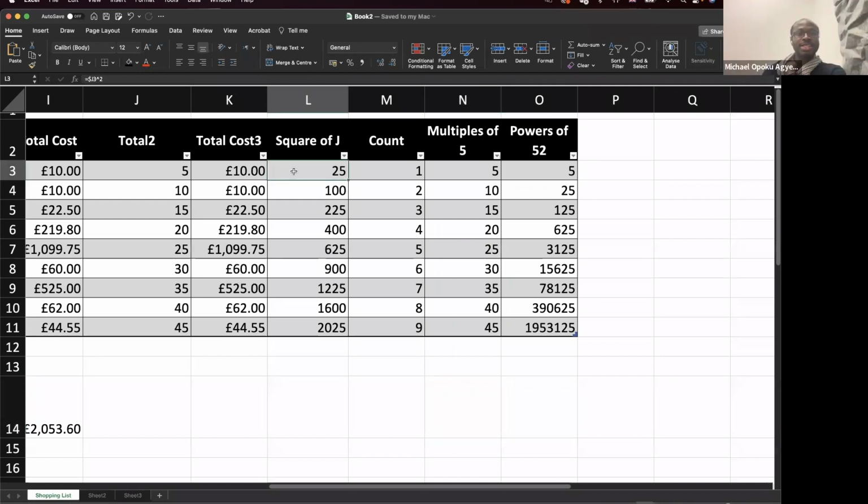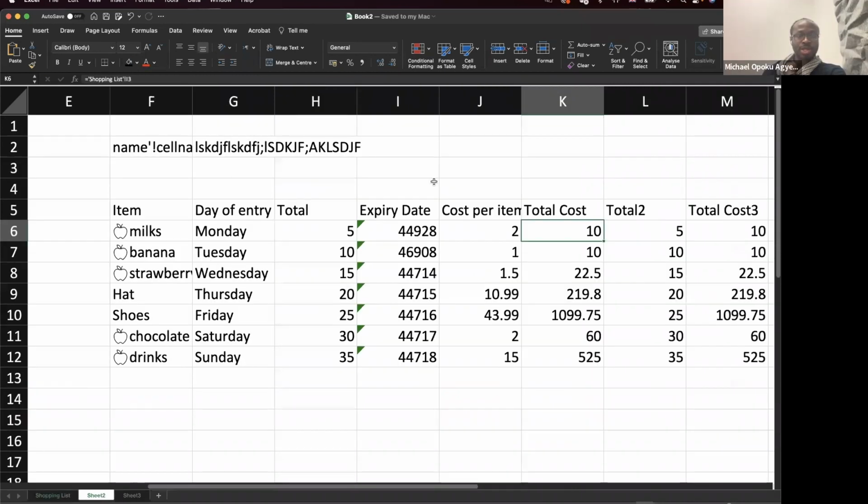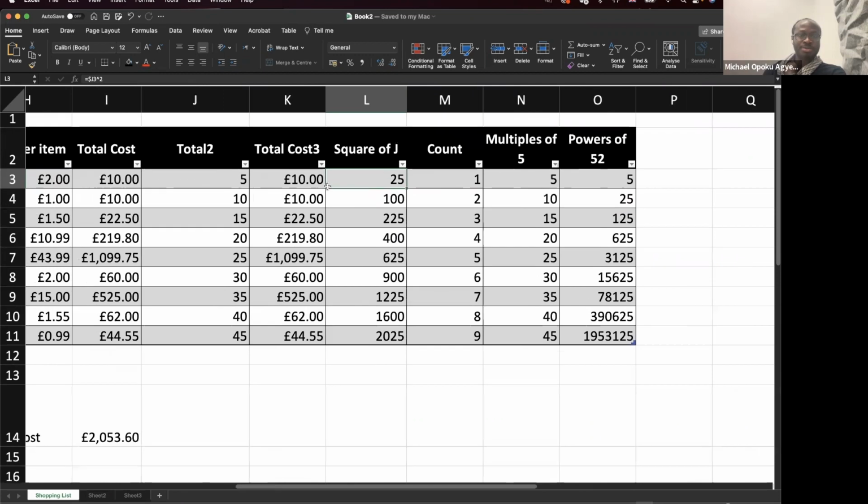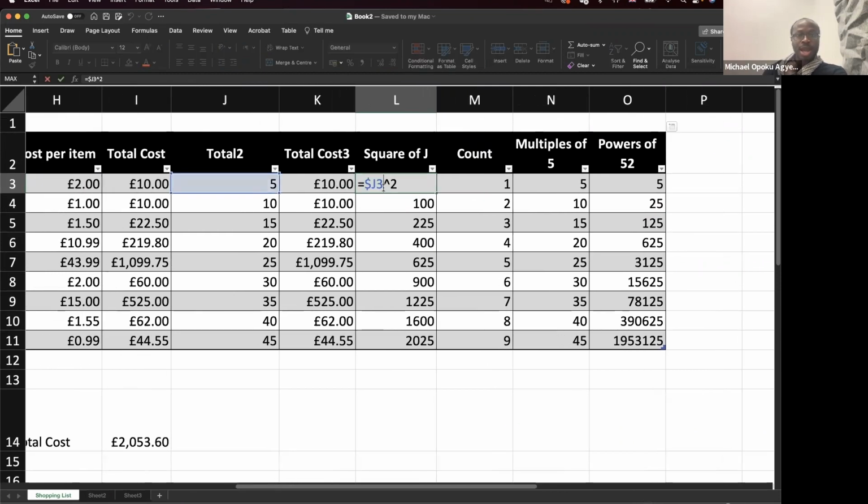Okay, so yesterday, you remember yesterday we did all this, right? We ended around this point where we were working with what I've called basically squared now, I've made some changes. But we had done whatever is the corresponding value in the J column, we raise to the power 2, right?